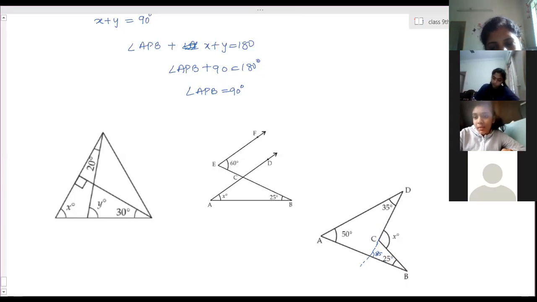No, it will be 110. It's 110 degrees. Ma'am, 50 plus 35 is 85, and 85 plus 25 is 110.